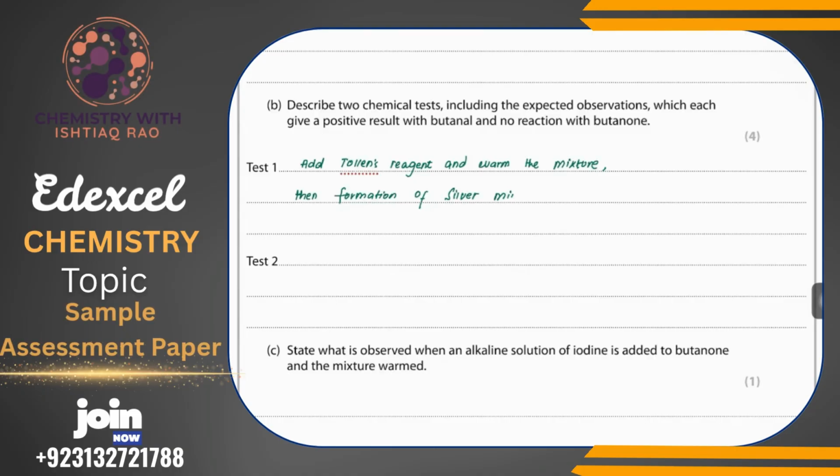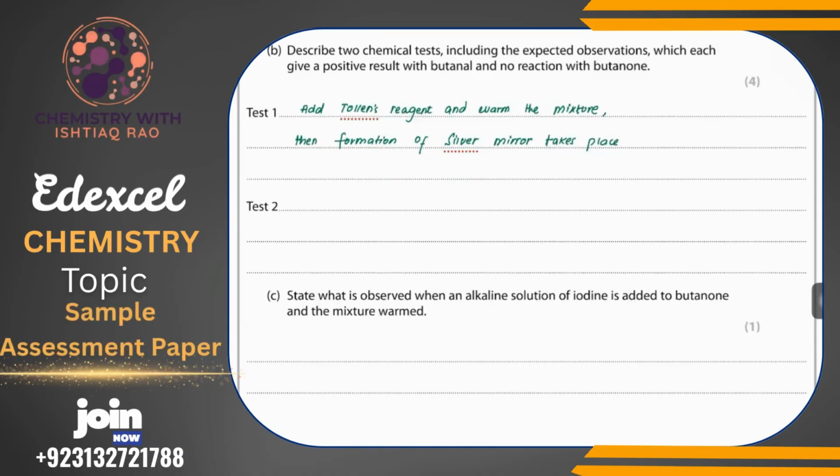Any other test that you can write down rather than Benedict or Fehling's reagent? Anything that is in your mind. You can also oxidize with potassium dichromate.